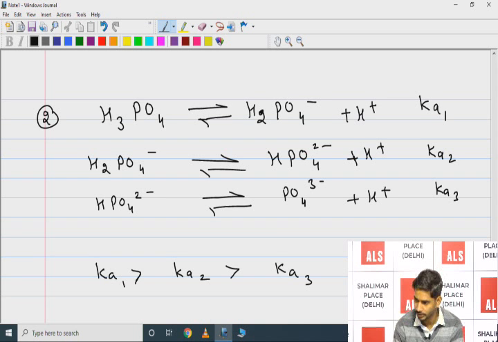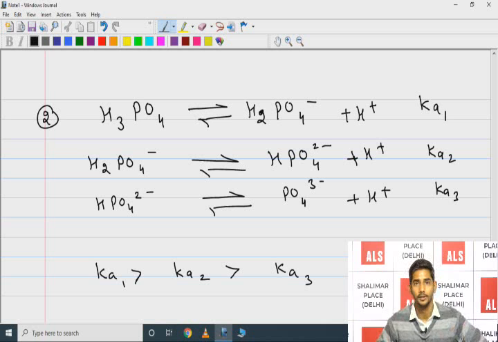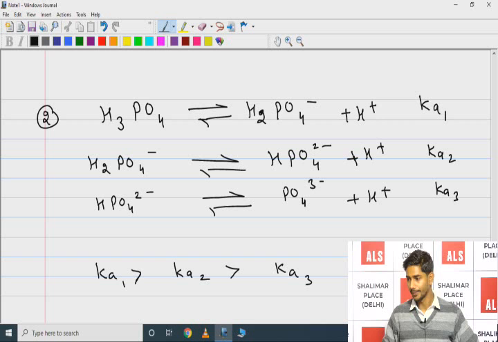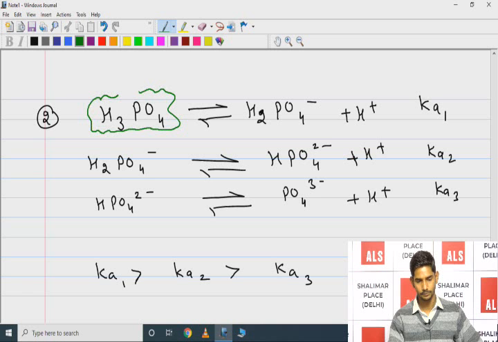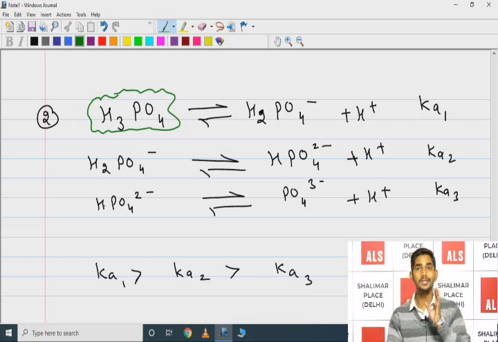It can dissociate to a large extent. This is the definition that we have just memorized in our earlier classes. Okay, check out this one. Why does this actually happen? See, if I talk about H3PO4, it is only the acid, meaning in the whole reaction this is the only acid, which can donate only H plus ions.